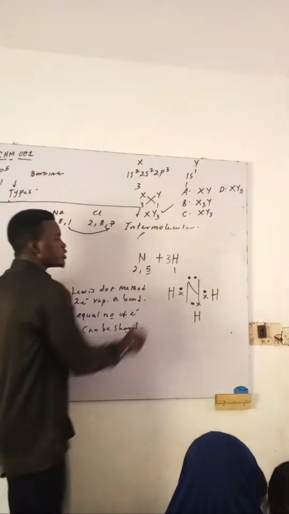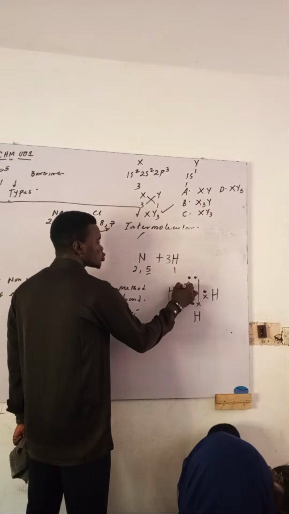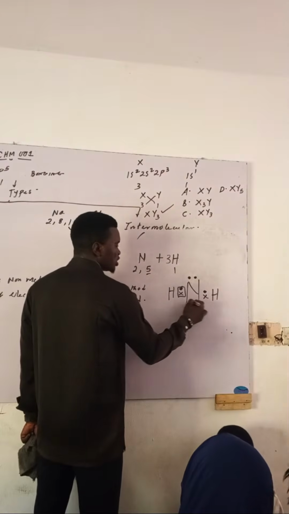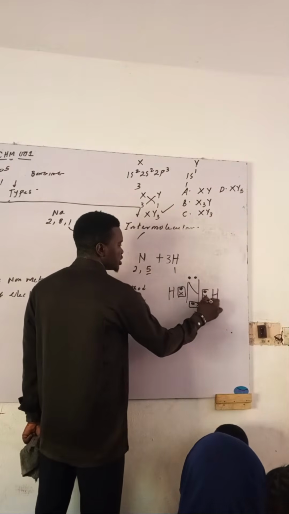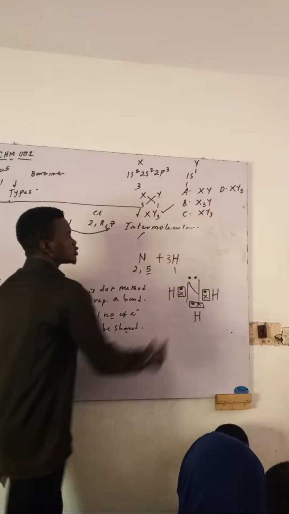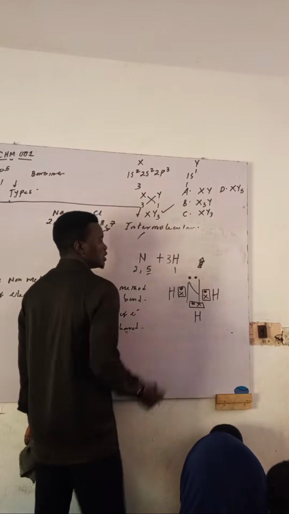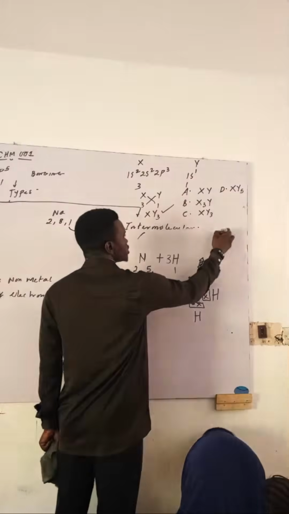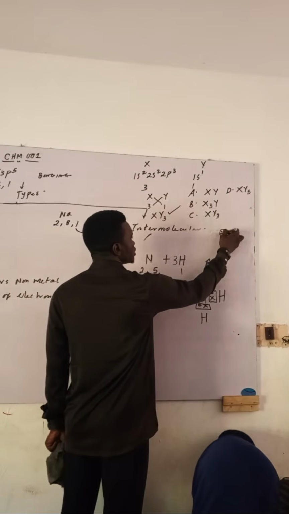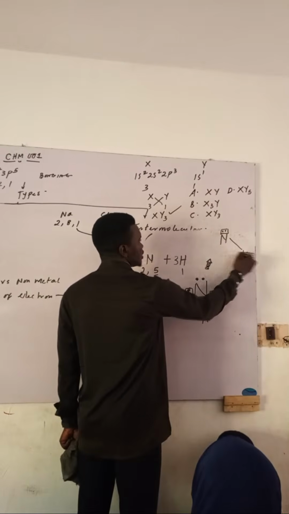When you count for each hydrogen, it is 2 already. Count for nitrogen too. So at the end of the day, the nitrogen has a lone pair of electrons.